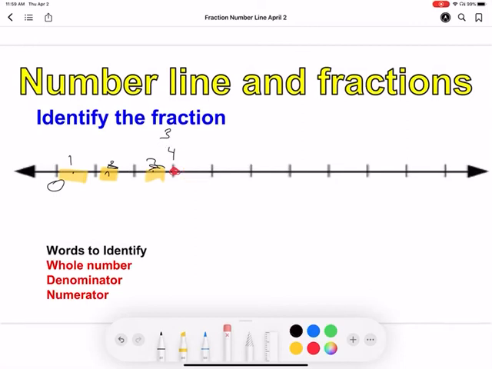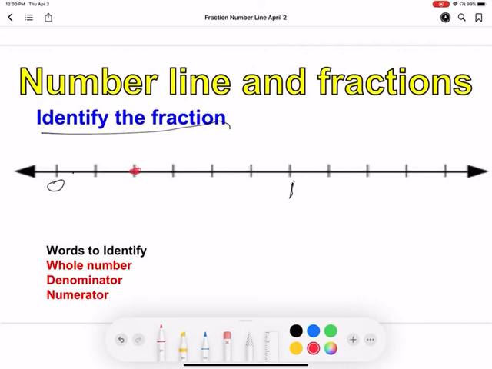I want you guys to try it again. Let's try it one more time. The idea of identifying the fraction, finding the fraction. There's my 1. This time I'm going to put my tick mark right there. Take a look at it for a little bit.